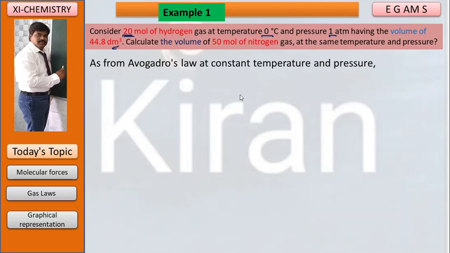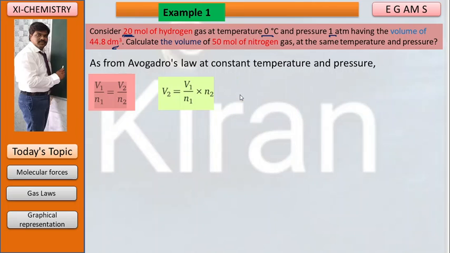As per Avogadro's law, at constant temperature and pressure, we know that V1 by N1 is equal to V2 by N2. As per the question, they are asking about the volume. That volume we have to find out. V2 is equal to V1 by N1 into N2.